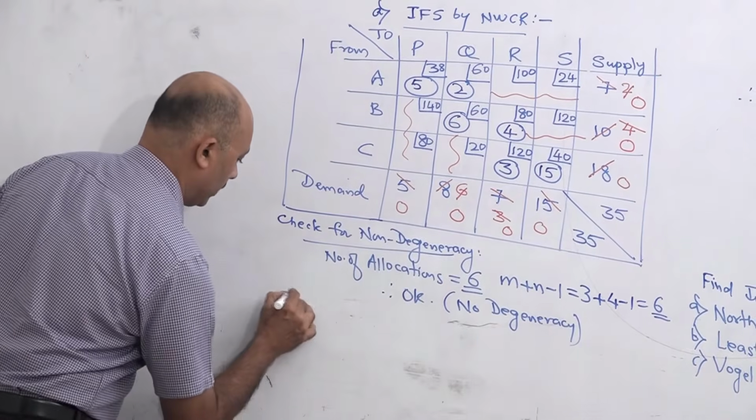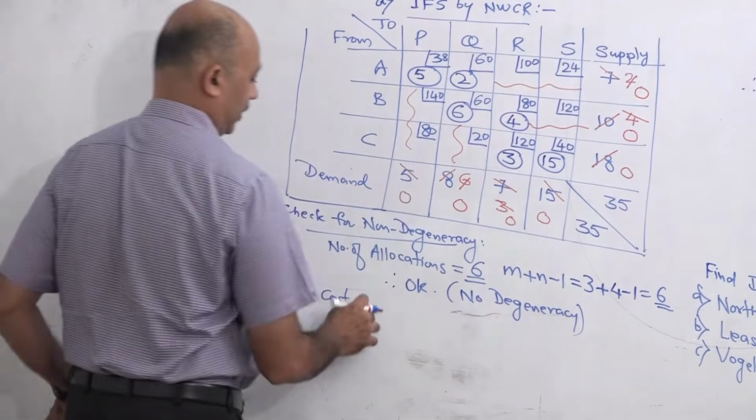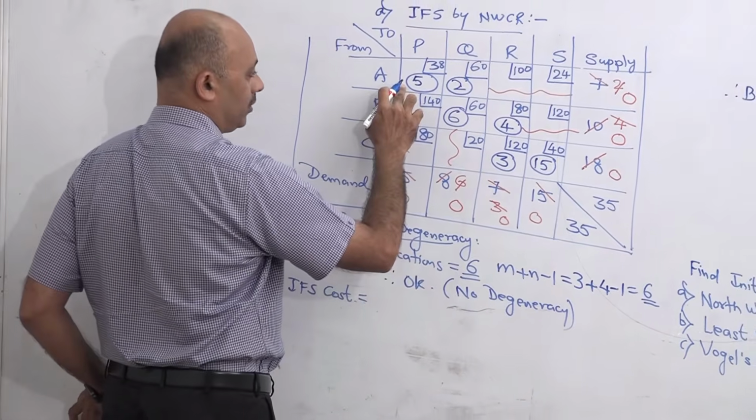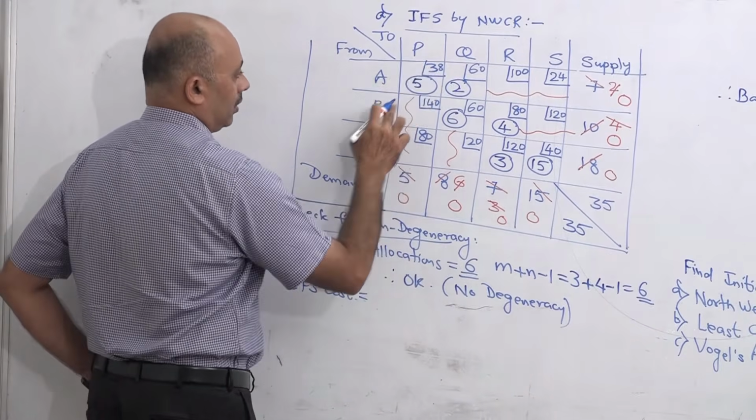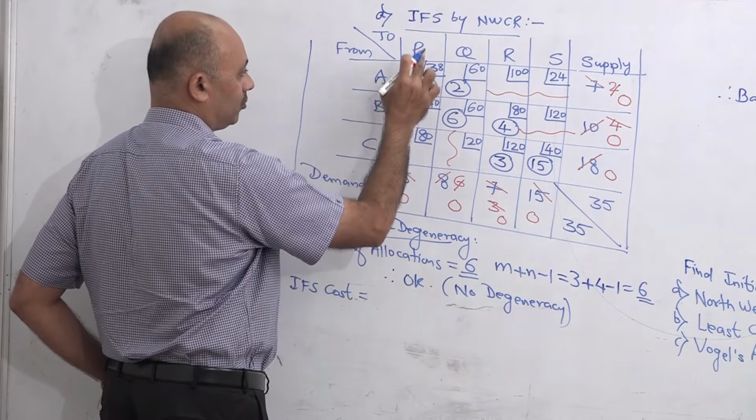And then we calculate the cost. Cost we can calculate by multiplying number of units with unit cost. Say for example at AP we have given 5 units, unit cost is 38.